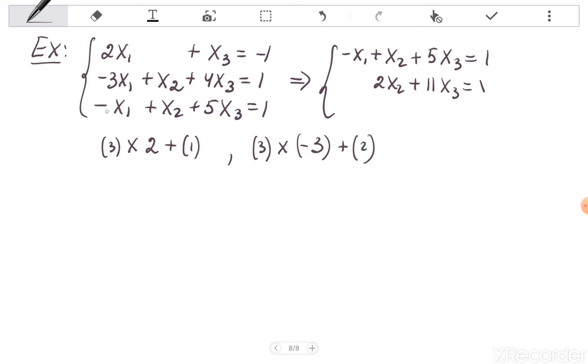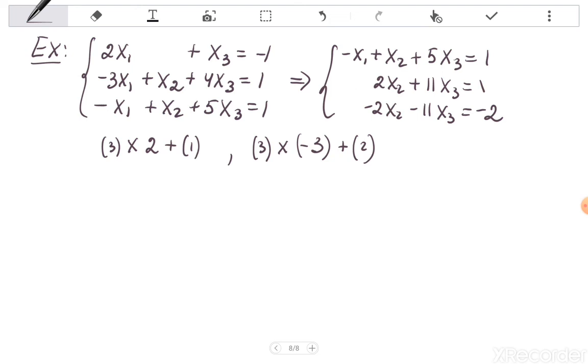So minus 3 times minus 1 is 3, plus this, we eliminate x1. x2 times minus 3 plus 1 is minus 2. Okay, so minus 3 times 5 is minus 15, plus 4 is minus 11. Minus 3 times 1 is minus 3, plus 1 is minus 2.